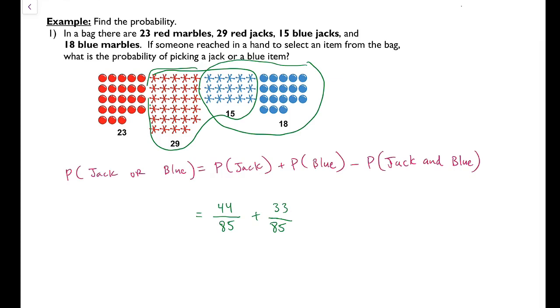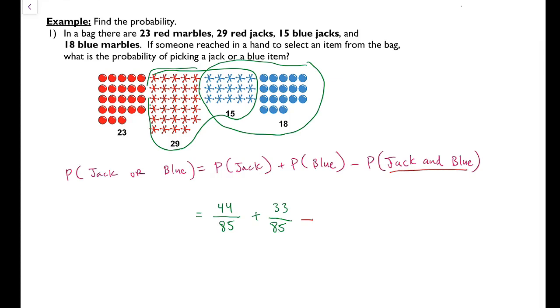However, there's a problem. We double counted the blue jacks. We counted the blue jacks when we were considering the jacks, and then we counted them again when we were considering the blue items, which means we have to subtract the items which are both blue and jack.